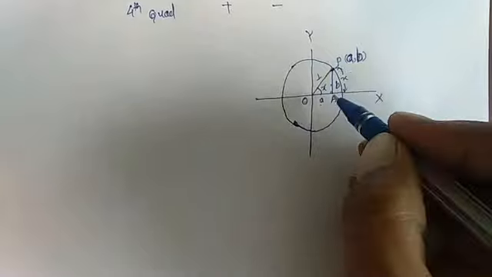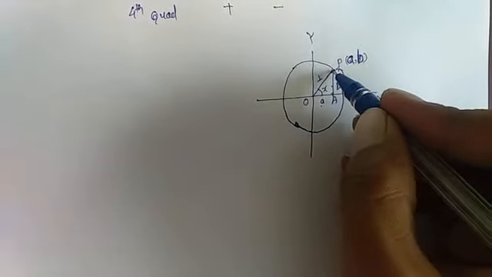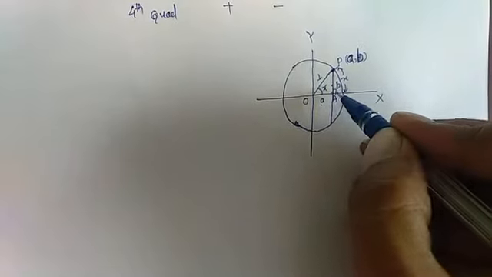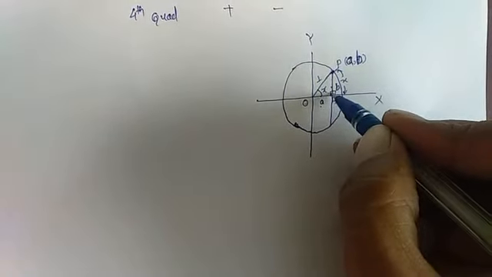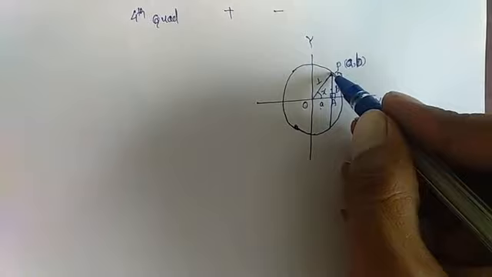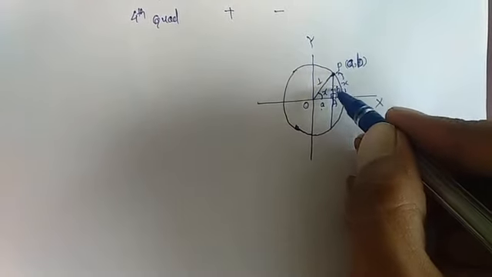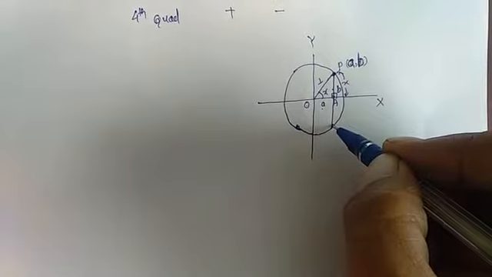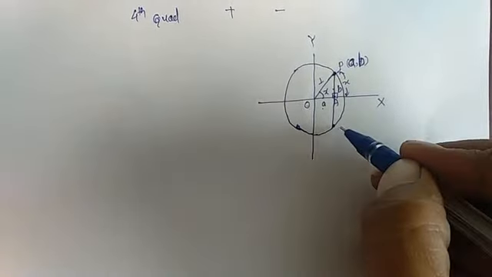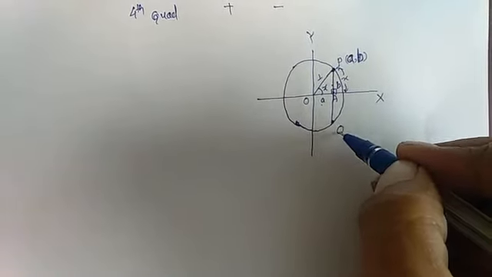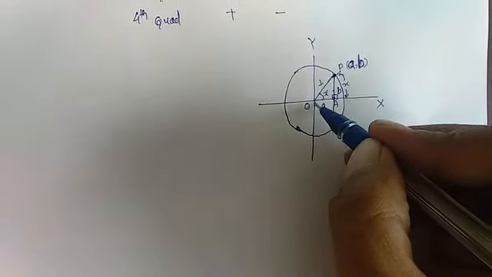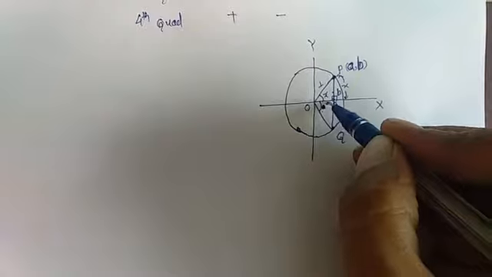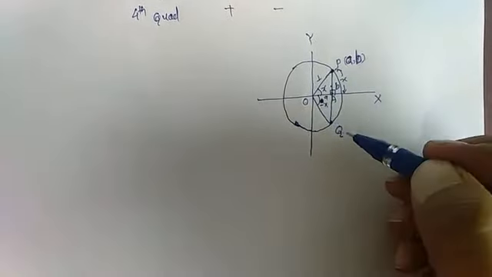Now we draw a line through point P such that it bisects the x-axis, and consider the next point Q, which makes a negative angle minus x.